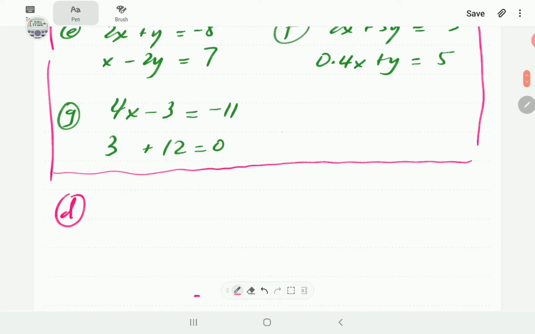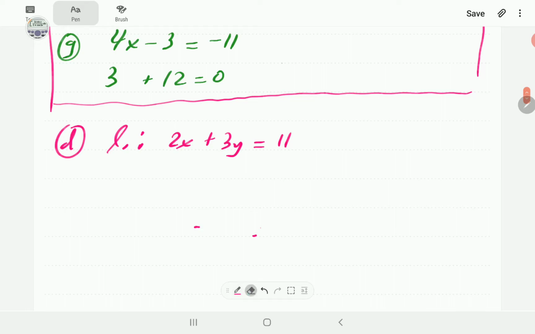So in D, we have L1: 2x plus 3y is equal to 11.